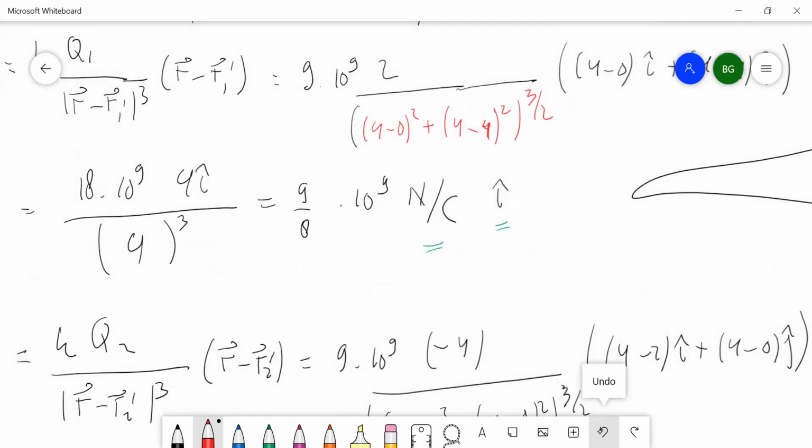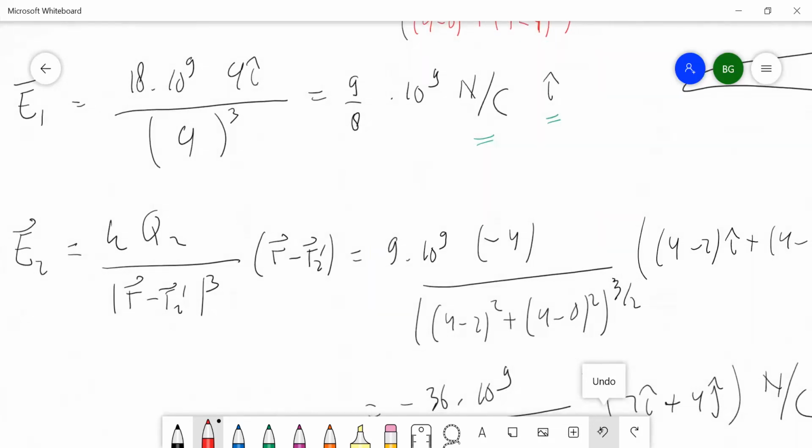Okay, we have this E1. How about Q2? E2 is K Q2 over the magnitude of the position vector R, the field coordinate, minus the source coordinate R2 prime, to the power 3, times the vector R minus R2 prime.